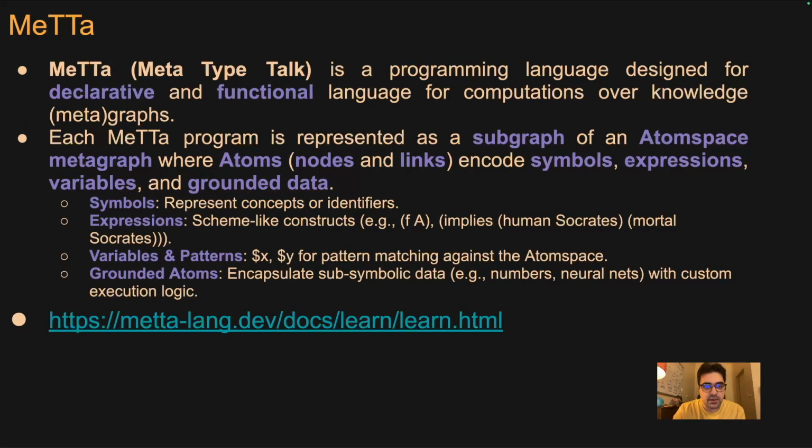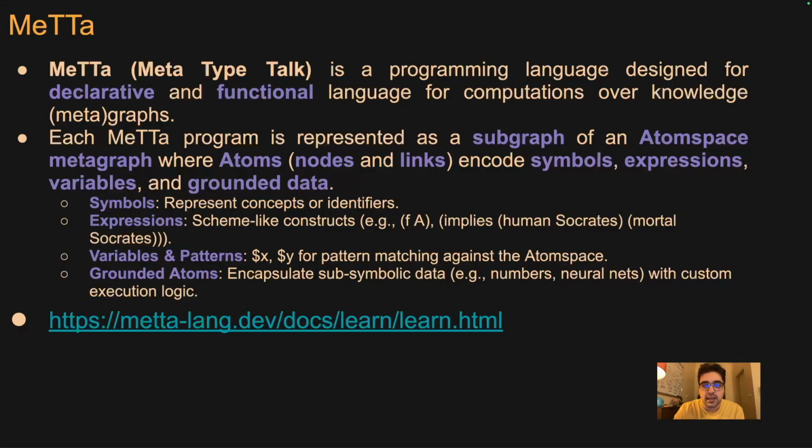So MeTTa is a programming language for computations over knowledge graphs, which are referred to as Atomspace in MeTTa. Each program is a subgraph of this Atomspace where atoms, which are nodes and edges of this subgraph, represent symbols, expressions, variables, and grounded data. Symbols represent concepts or identifiers. Expressions are schema-like constructs.